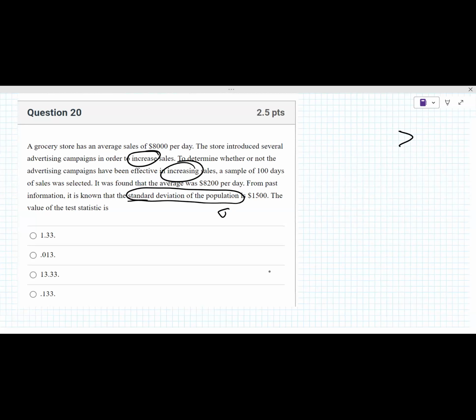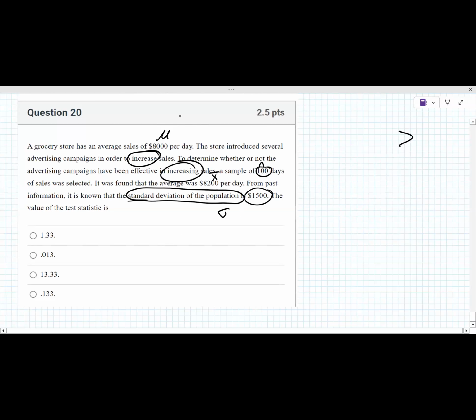All right, so here is what we have: mu, X bar, N, and sigma. Do we have one sample or more than one sample here? One. They're doing the same thing every day, and doing the same thing every day is one sample. If there were 2 different stores, it would be 2 samples.